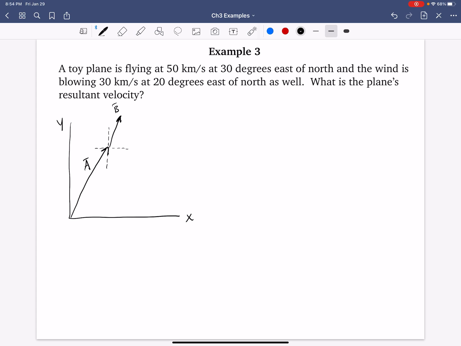Let's draw some components. In the x direction for component A, looks something like this, right? AX. For B, it's a little smaller, but I think you can still see it. BX, right there. In the Y direction, right, that's AY, and BY is very similar.